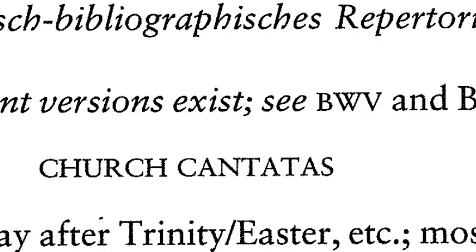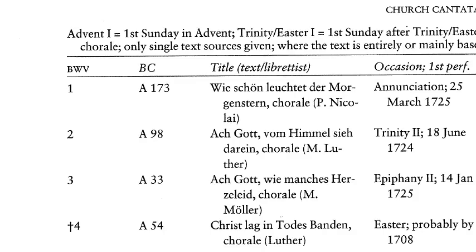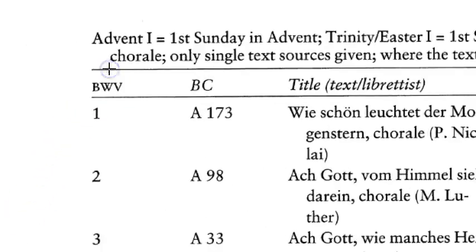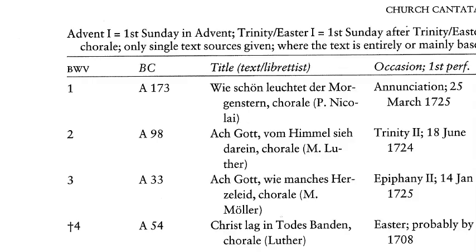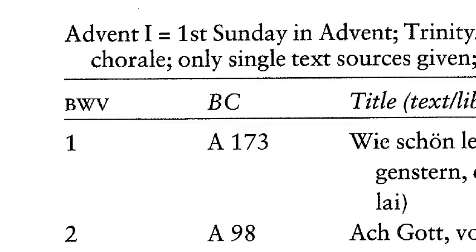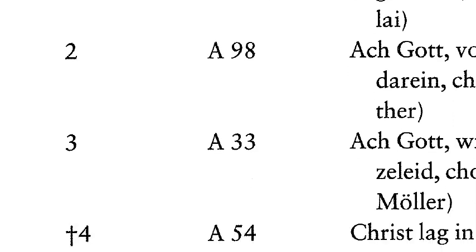These two catalogs are referenced in the works list by the abbreviations BWV and BC. You may notice that within each section, works are listed in order of their BWV number.